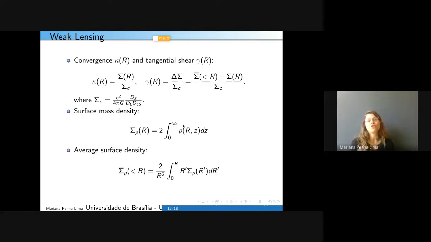Different works have dedicated this kind of study to different ranges. So if you are interested more in galaxies or galaxy clusters, these scales are going to change these profiles and the parameters a little bit.